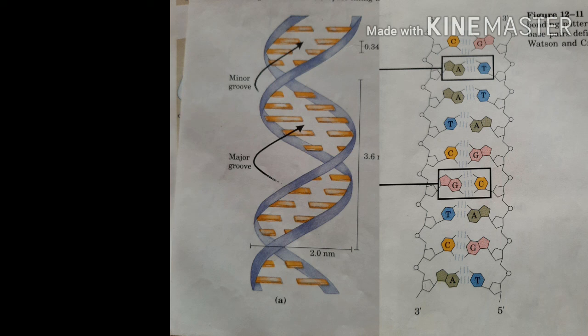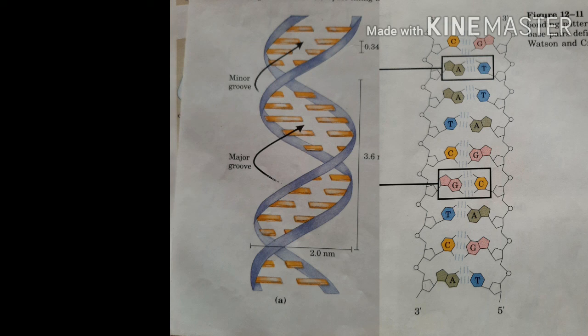If it happened that a double-ringed purine formed a hydrogen bond with a double-ringed purine, then that place would be wider along the DNA length.